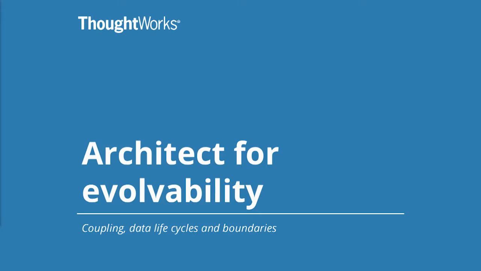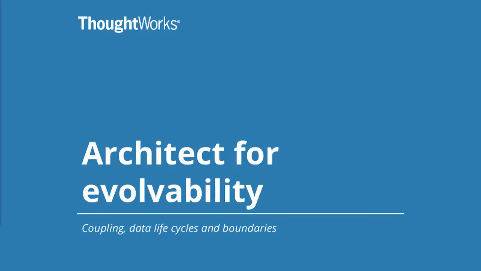So the first step, as architects, we need to think about what constitutes evolvable. How do we make a system more evolvable from an architecture perspective? I can't go into all the details, but let's talk about some of the things that you might care about.